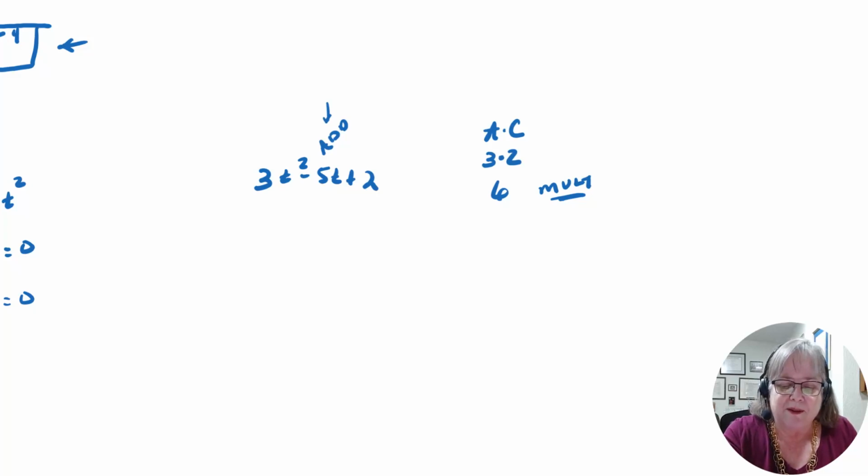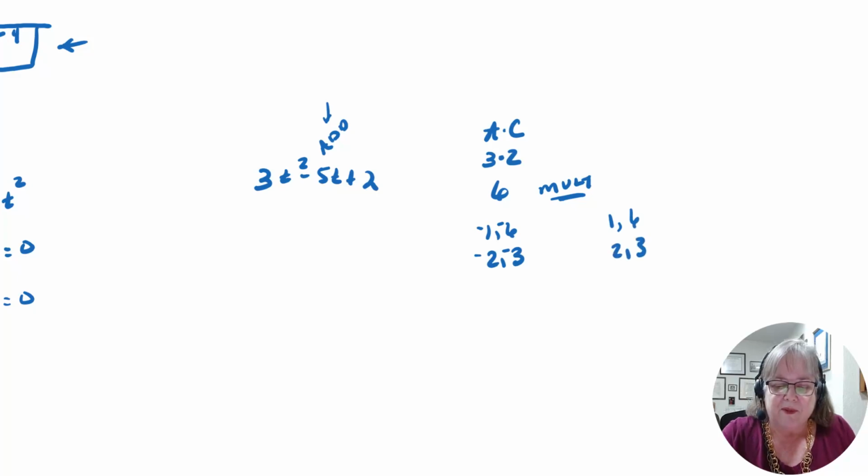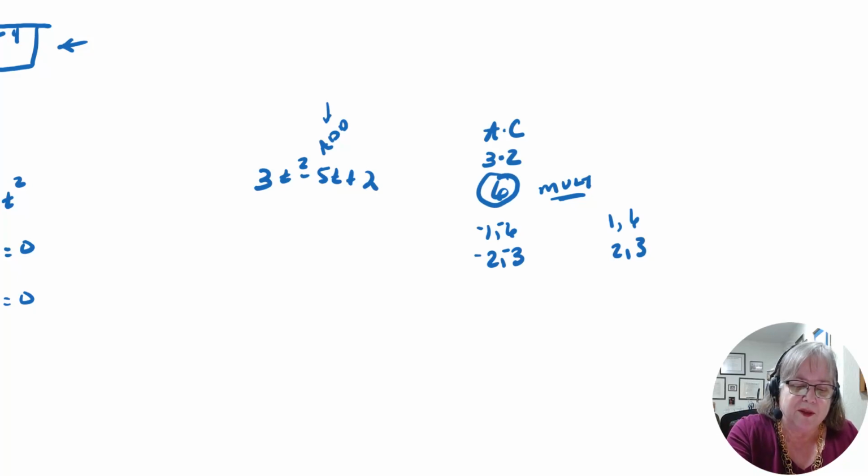So what multiplies to 6? 1 and 6, 2 and 3. Now it multiplies to a positive 6, so they're like signs. So it's either both negative or both positive. All right, what multiplies to 6 and adds to a negative 5?